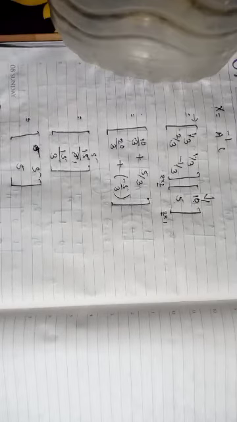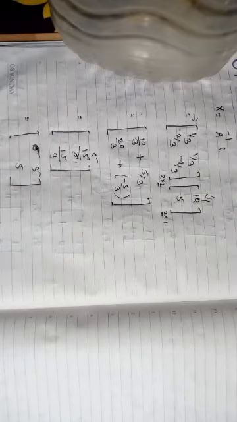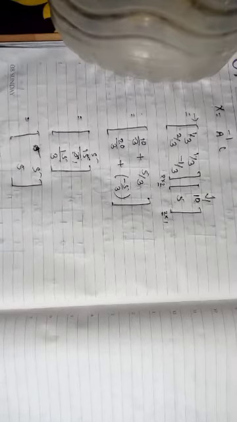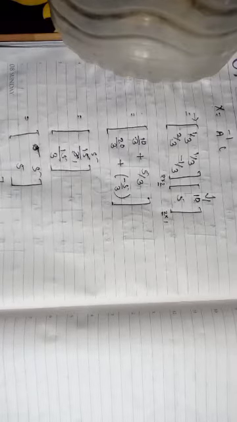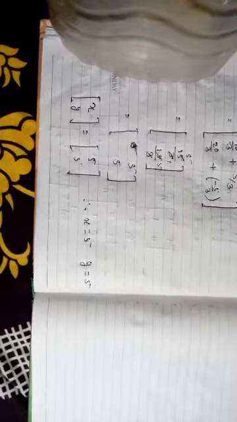So we have x, y equal to 5 and 5. Therefore x is equal to 5 and y is also 5. So we have the solution of the linear equation by the inverse method.